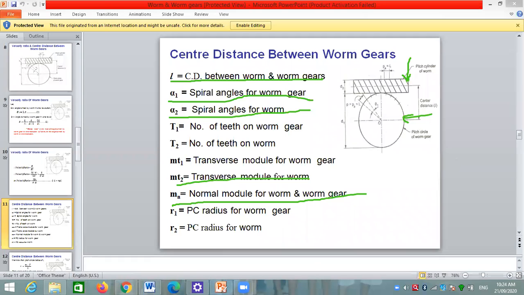R1 is the pitch circle radius of the worm gear, and R2 is the pitch circle radius for a worm. Now we have to calculate the center distance. Center distance means the summation of this radius plus this radius.